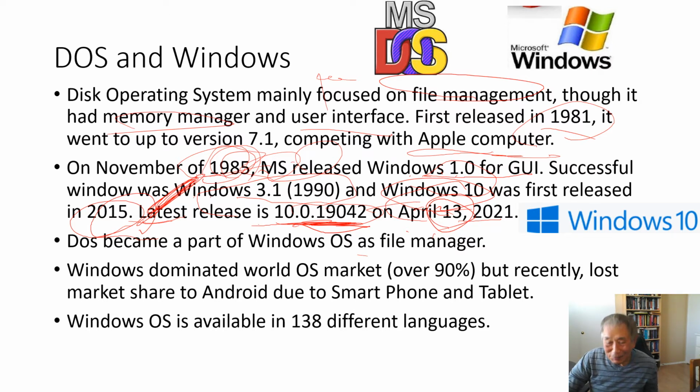Especially this is important, because every time they have a new release, they have new defenses against viruses. Actually, we call it malware. You know, hardware, software, firmware, those kinds of ware. Mal is bad.